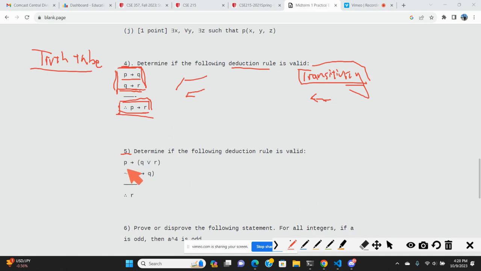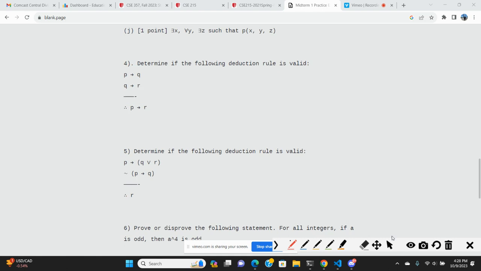For number 5, there's no straightforward rule, at least not that I remember. So we have P implies Q or R, not P implies Q, so we conclude that R must be true. Now, is that valid? Let's construct a truth table. So P, Q, R. I should probably give myself more space.